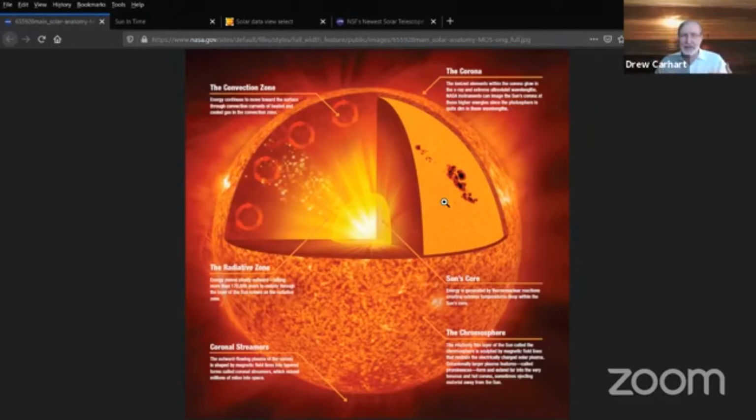It goes through a cycle from a period of having very few sunspots, which we're just coming out of now, to a peak where there are a lot of sunspots, and then back down to a trough where there are few sunspots again. That's caused by the magnetic field lines getting more and more tangled up, and then kind of straightening out and getting tangled up again.